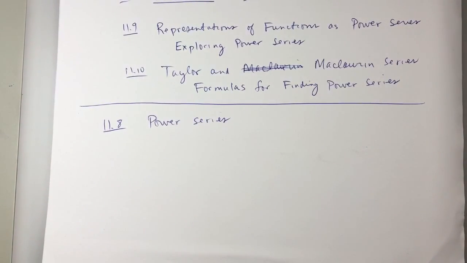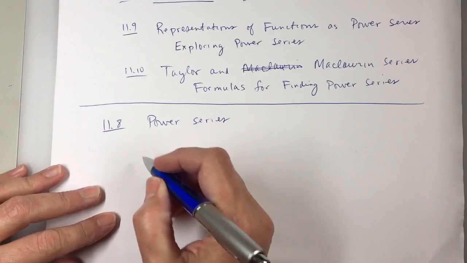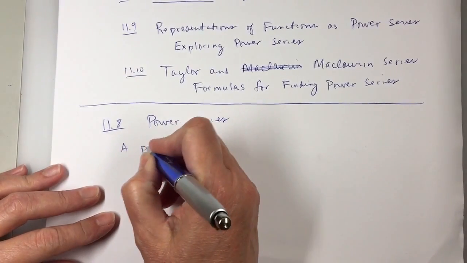Right off in the book, they have the definition that a power series, it's a series, and I think of it as this infinite type of polynomial. So here's the definition though.